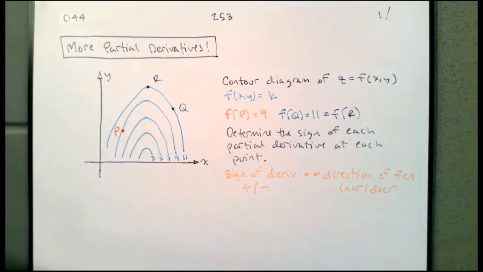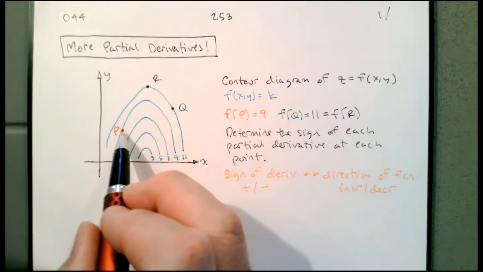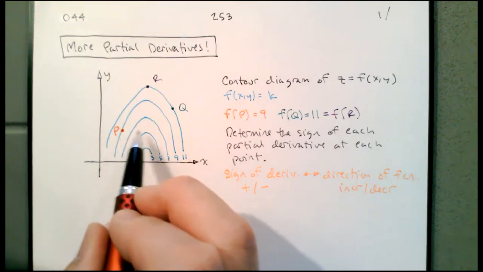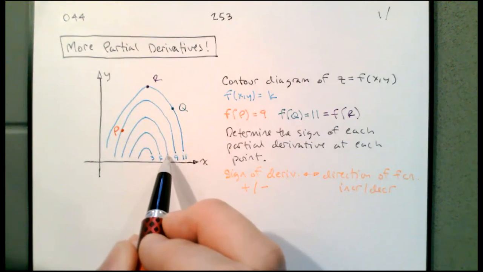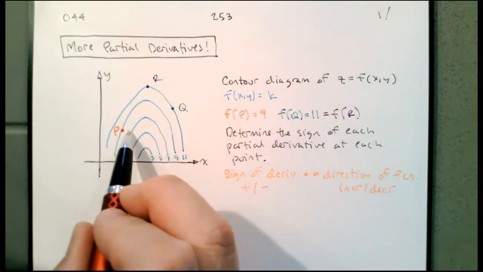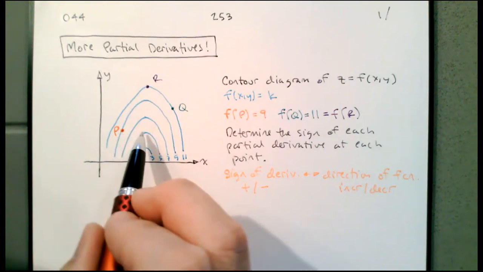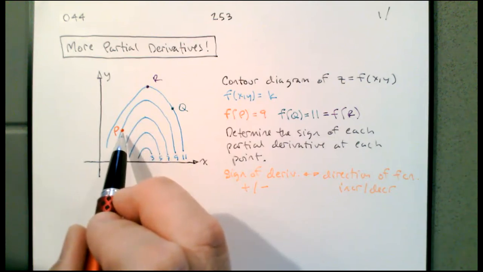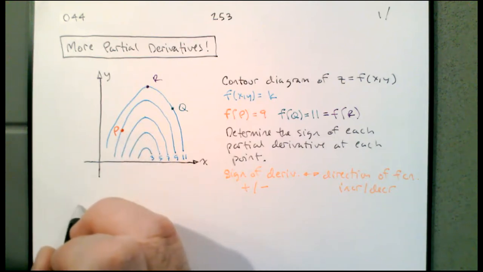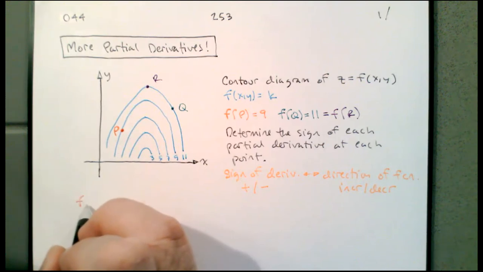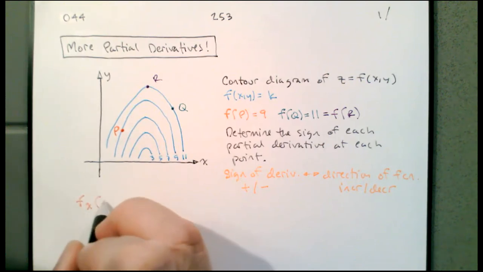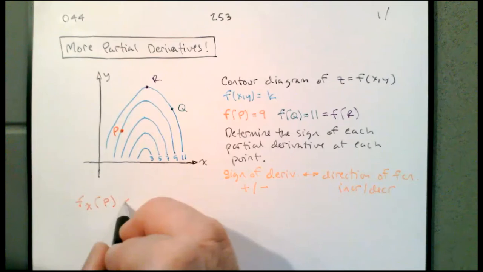So let's start from the point P. From the point P, if we move in the positive x direction, that is to the right, the next contour that we hit is the contour 7. So it looks like the partial derivative of z with respect to x at the point P is negative.